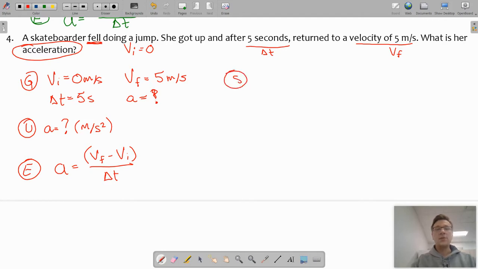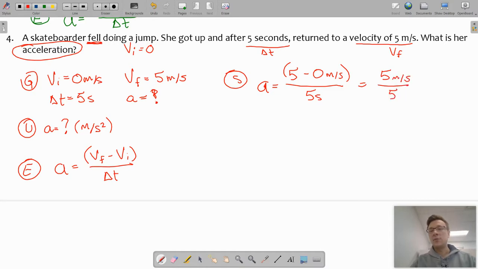Okay. The substitute step. Acceleration is equal to the final velocity, which is 5 meters per second, minus the initial, which is 0 meters per second, divided by 5 seconds. So you can see here that we're going to end up with 5 meters per second divided by 5 seconds.